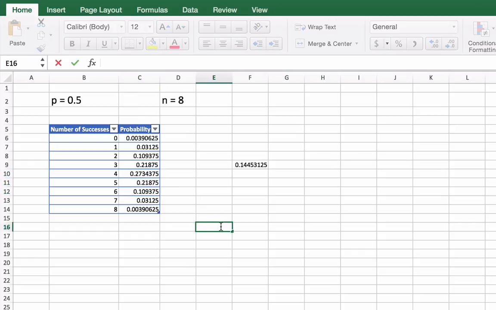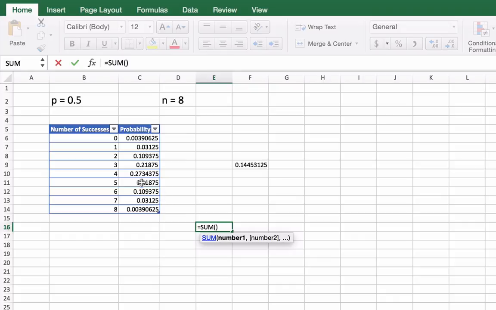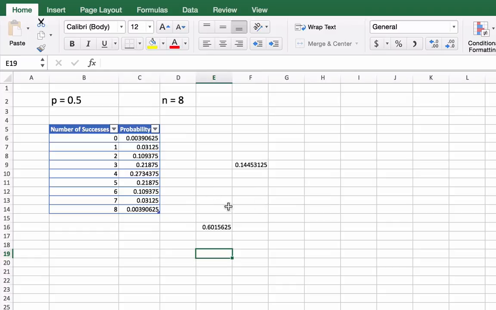So equals sum. So if we want to know the probability of getting 4, 5, or 6 heads, we just add up those probabilities. And so if you toss a coin 8 times, then you would get 4, 5, or 6 heads, any of those, 60% of the time.